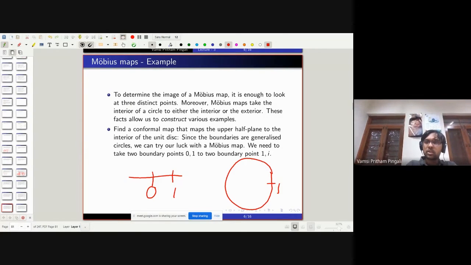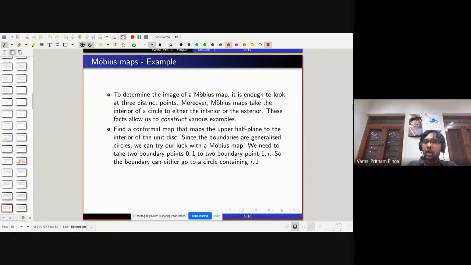This is 1, this is i. So the boundary can either go to a circle containing 1 and i, or to the line passing through them. That means if you just do this much, then this can either go to this line or to a circle, to one of the infinitely many circles passing through these points.